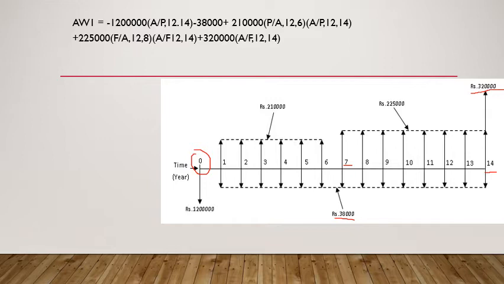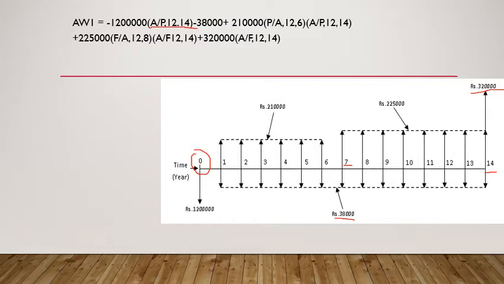The first flow is the initial purchase price of 12 lakh minus, so it is P, so P has to be converted into A using the factor A by P comma 12 comma 14. Why is it 14? Because it is annual worth. Whatever I convert, I need to convert into equal annual worth for the entire time period. That is the meaning of that.